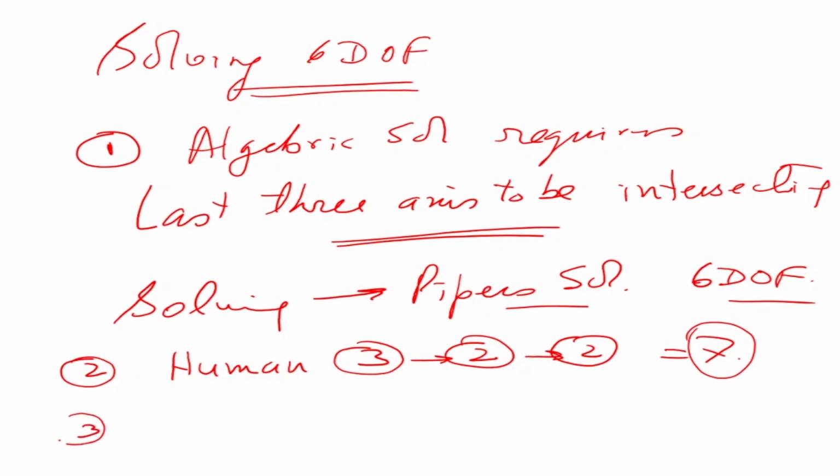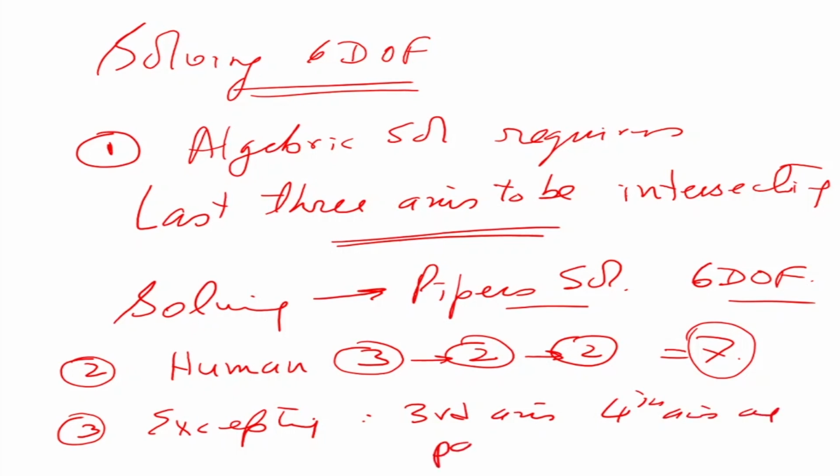Now there is an exception to this: if your third axis and fourth axis are parallel. Okay, so if they are parallel and the last three are not intersecting, then it is also solvable.